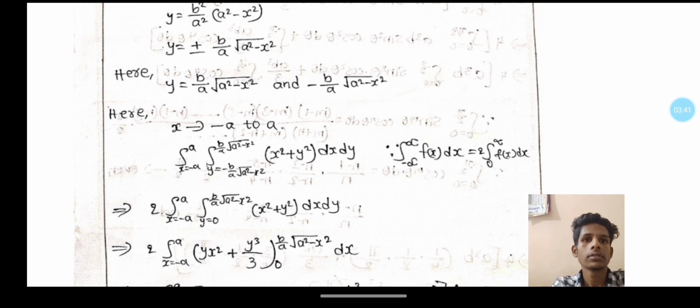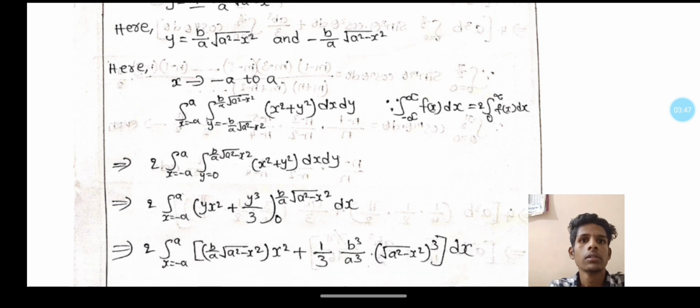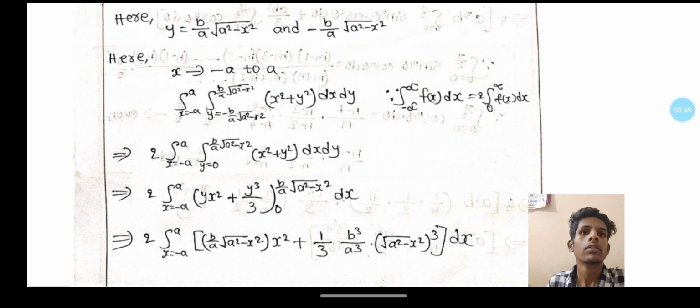Again we will write 2 times integration x from minus a to a, and integration y from 0 to b by a square root of a square minus x square, of x square plus y square dx dy. We will integrate the y limits first, so we treat x as constant.